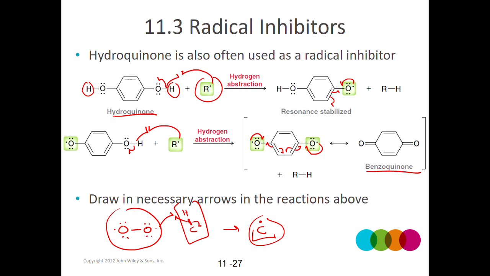So by sacrificing both of those hydrogens, the hydroquinone becomes much more stable as a structure. And so basically it just provides hydrogen and an electron to join up with the carbon, so that we don't get these random carbon free radicals forming, causing a bunch of side reactions. So sometimes this is added to chemicals that are going to be stored on the shelf for a while if they're especially susceptible to reacting with oxygen.